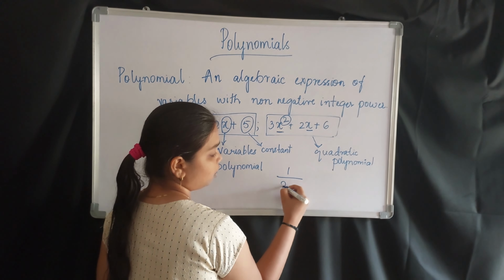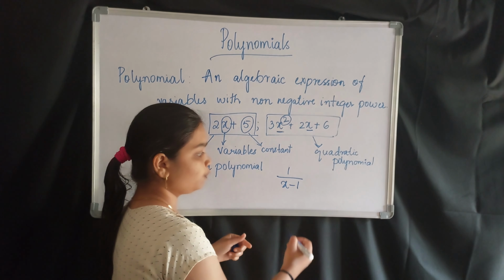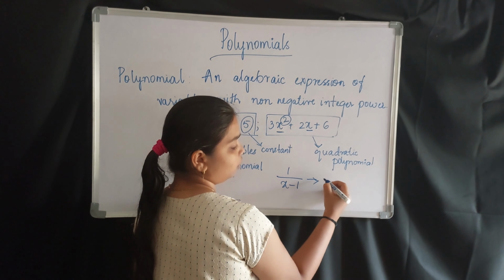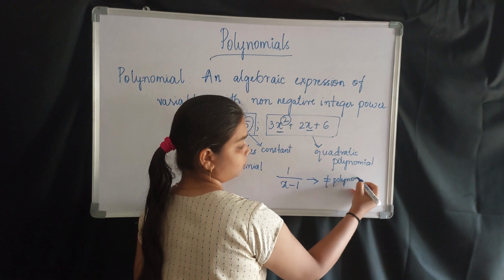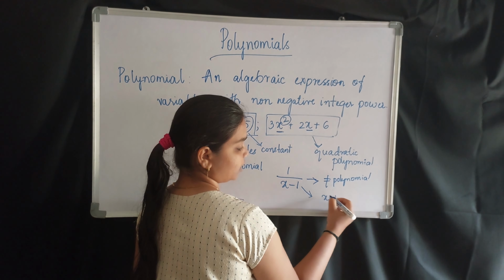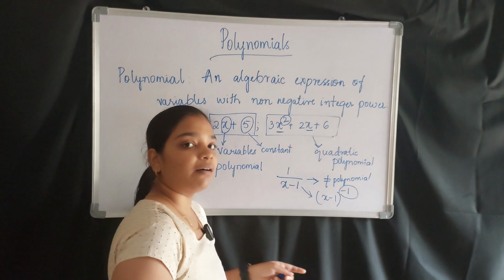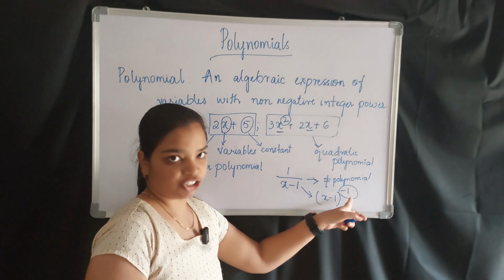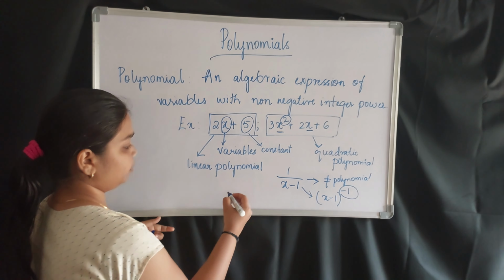Suppose we have the expression 1 by x, that is x to the power of minus 1. This is not a polynomial because it is a power with a negative integer. That means this cannot be said to be a polynomial.